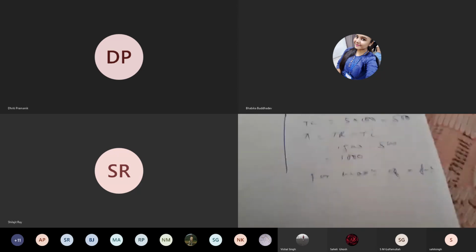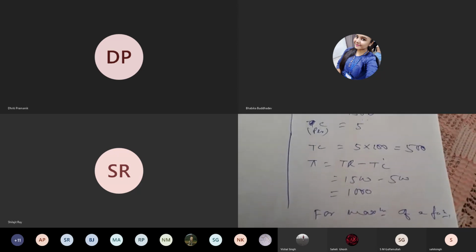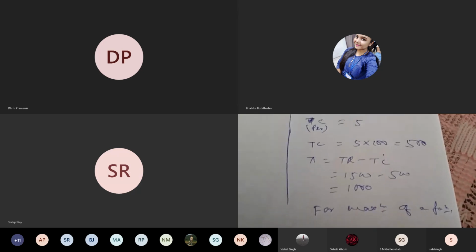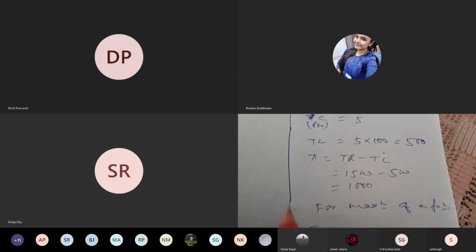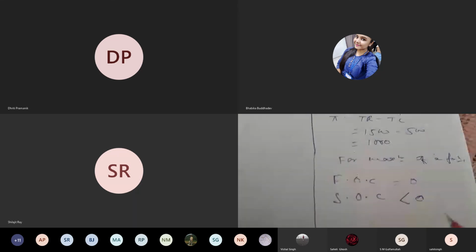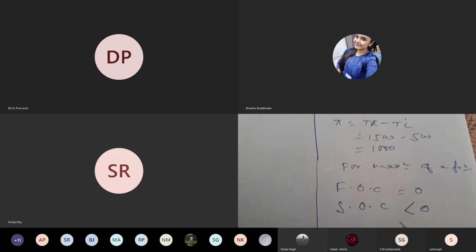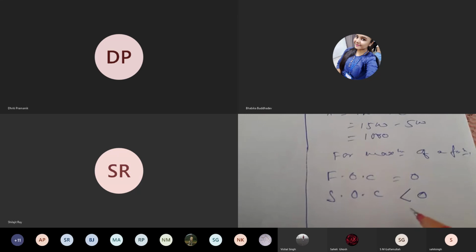For minimization of a function, the first order condition is equal to 0 and the second order condition will be greater than 0.